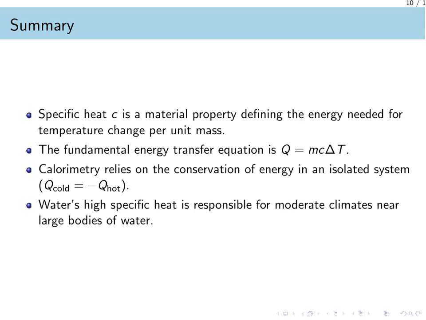Finally, we should note that water has a very high specific heat. This characteristic is why coastal regions near large bodies of water often experience more moderate climates compared to inland areas, as the water can store and release vast amounts of energy with only small changes in temperature.